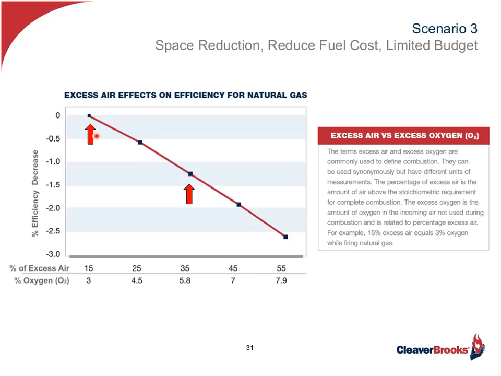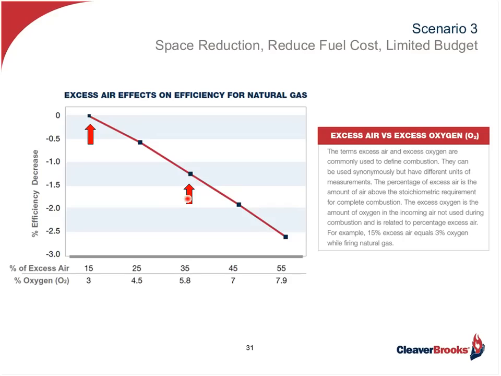As we increase that excess air to 5.8% O2, I've lost about 1.5% in efficiency. The rule of thumb here is that for every 2% increase in O2 in the excess air, we are going to lose 1% in efficiency.